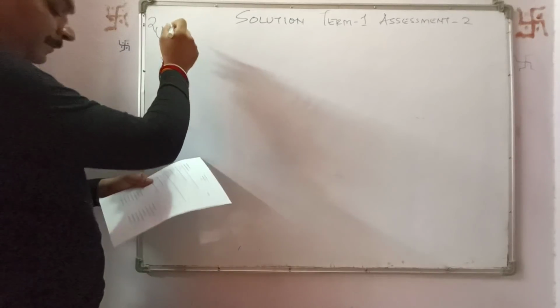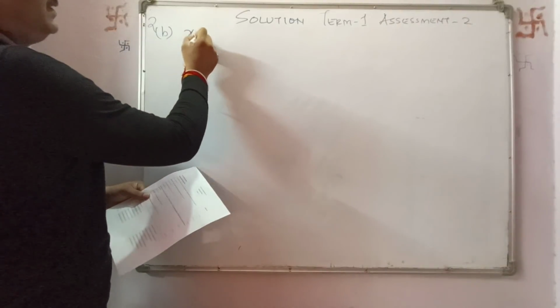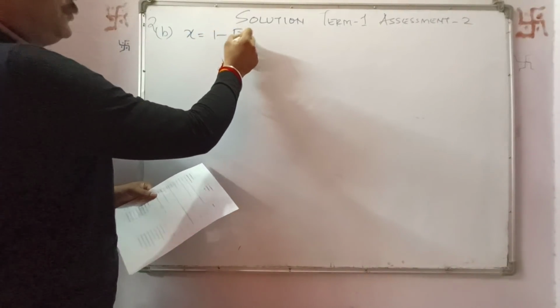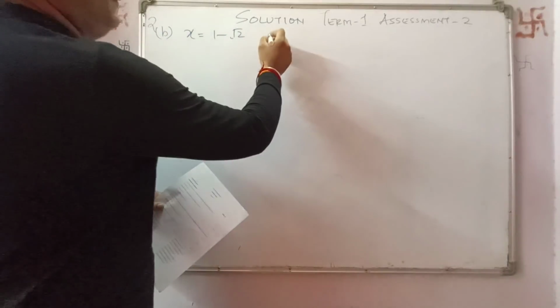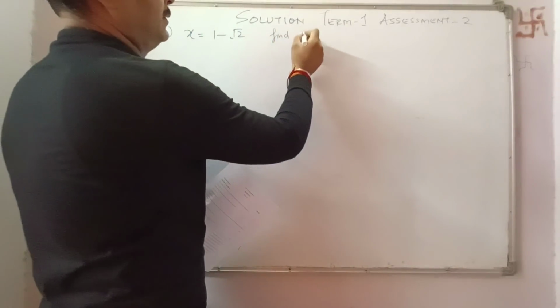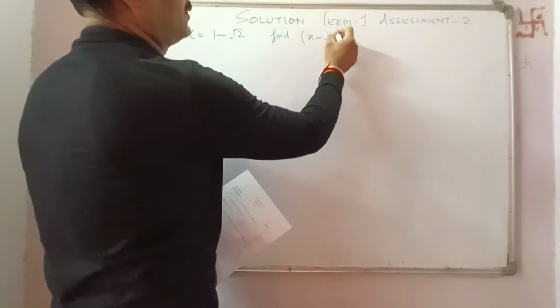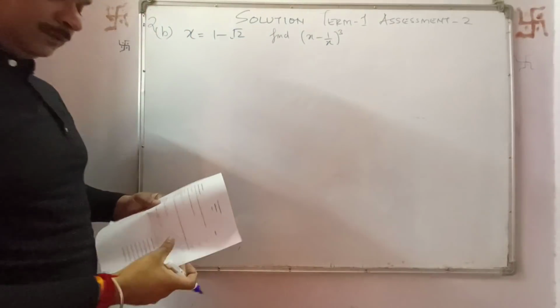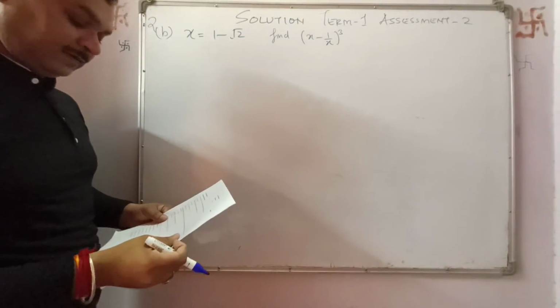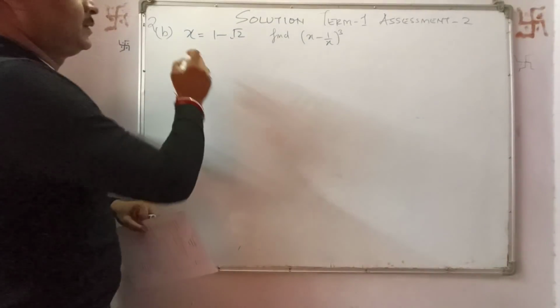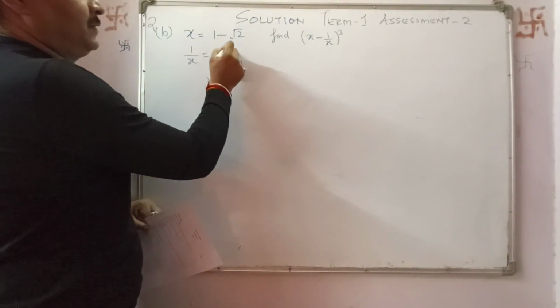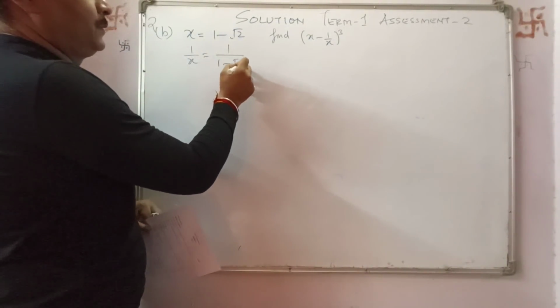Okay, second B part. x is equal to 1 minus root 2. We need to find out the value of (x minus 1 upon x) whole cube. So we are not going to expand it because it will be quite difficult for us. So first we will find 1 by x, that is 1 upon 1 minus root 2.